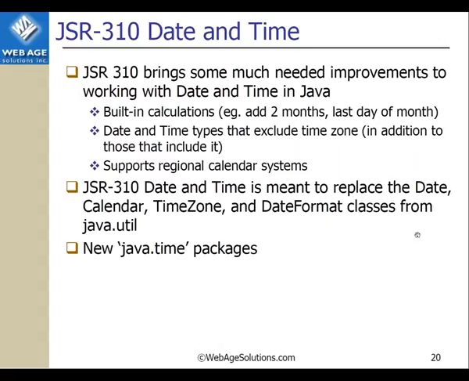And the big thing here is a new package. Right? So we now have this new package, java.time, which has all of the classes and interfaces related to the date and time API. All right. So this one's a little bit more focused, certainly. Certainly if I'm not doing stuff with date and time, I don't really care about this, unlike lambda expressions and the Stream API, which have a little bit broader impact.